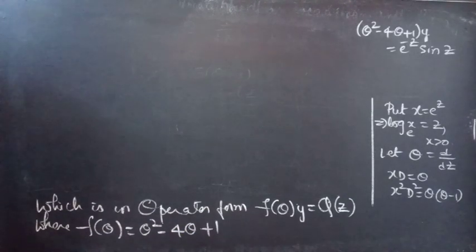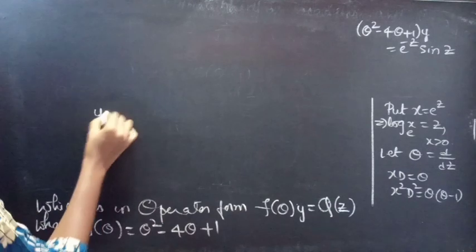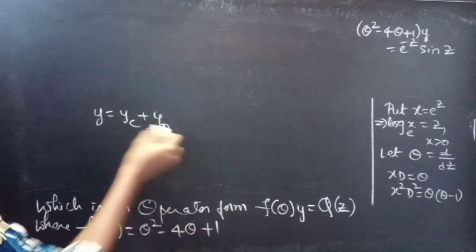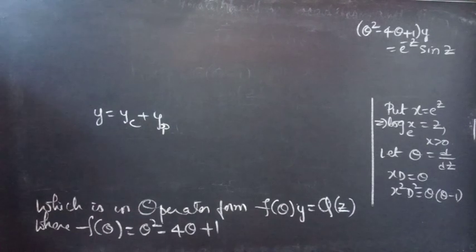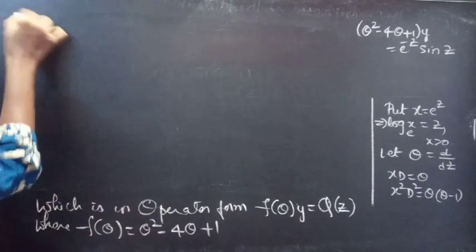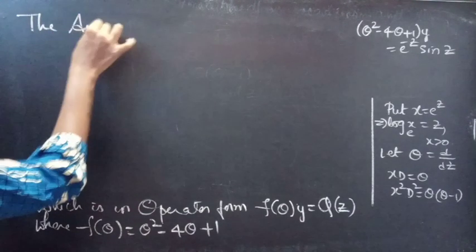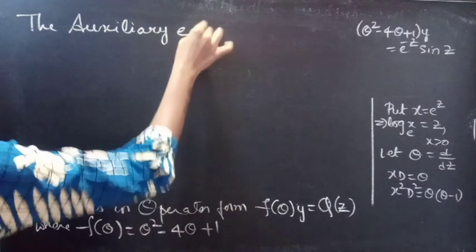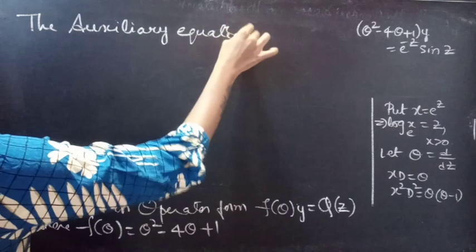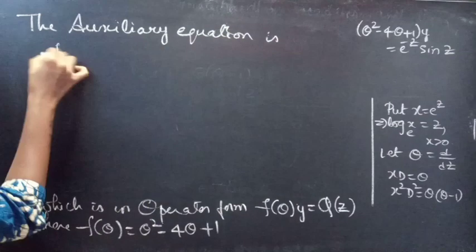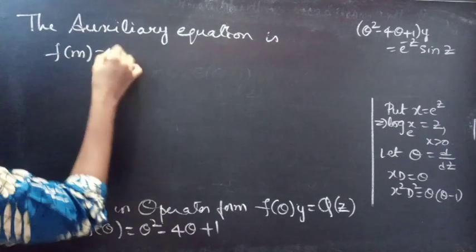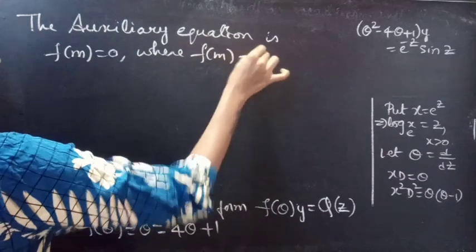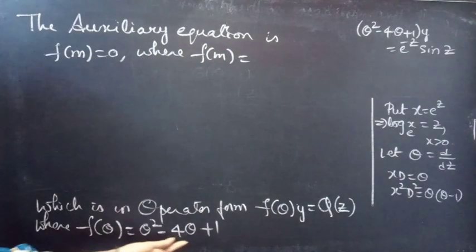Now we need to find the general solution of the given equation, which is given by y equals to yc plus yp. So let's now find yc and yp. The auxiliary equation is f of m equals to 0, where f of m equal to, we have f of theta, theta square minus 4 theta plus 1.